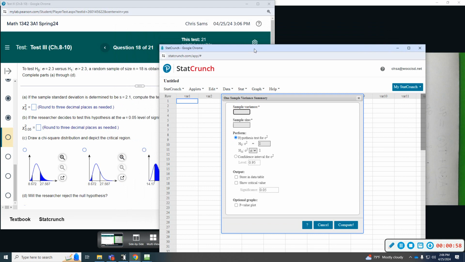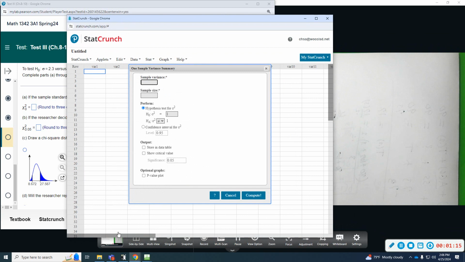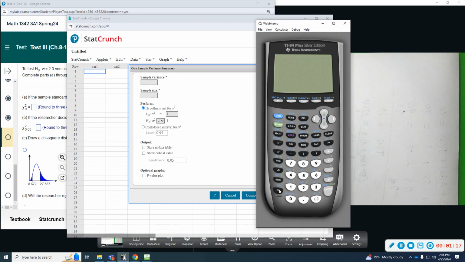Remember, we are given the standard deviation, but we are asking for the variance. So S, the sample, is going to be 2.1 squared. So you square the standard deviation to get the variance.